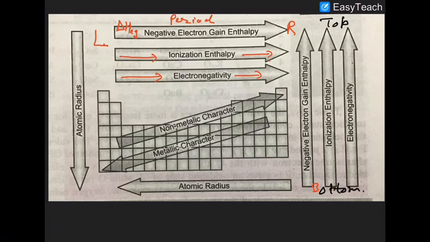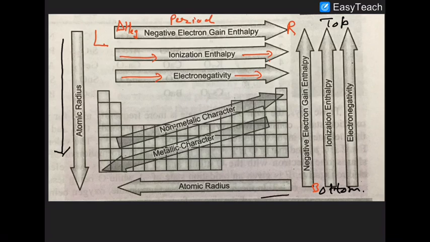It means the reverse: from top to bottom there would be a decrease. I am repeating once more. In a period left to right, electron gain enthalpy, ionization enthalpy and electronegativity increase. If you move top to bottom, all these three properties decrease. So bottom to top again increase. Atomic radii also increase if you move top to bottom in a group.